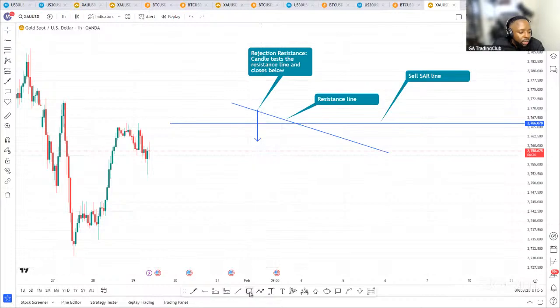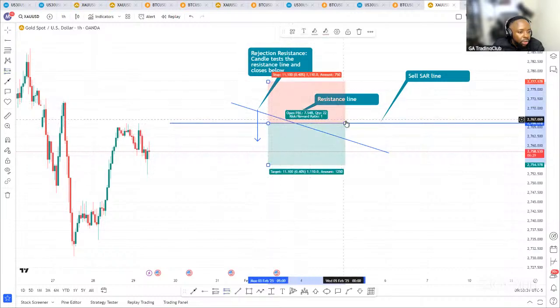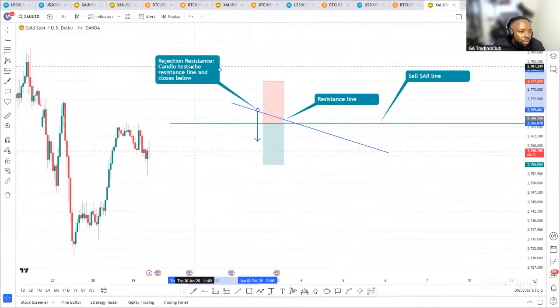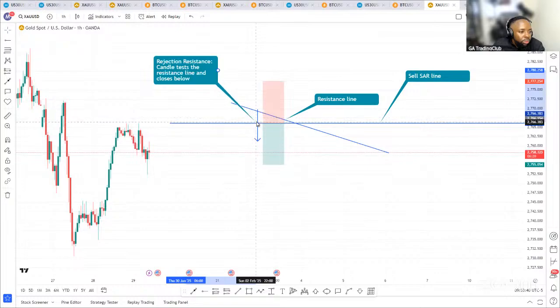And ideally, you would want to enter on the retests. So this would be here.